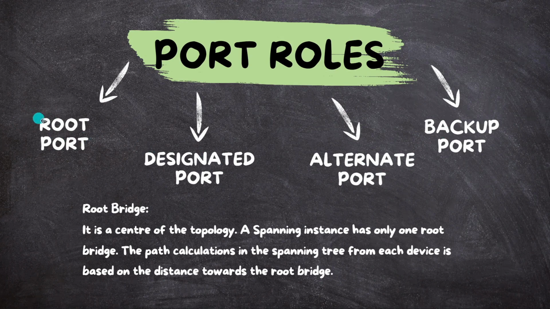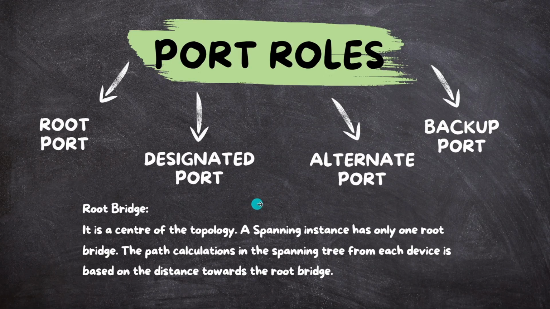Before understanding these port roles, let us understand what a root bridge is. As discussed in the last video, the root bridge is the center of the topology. A spanning tree instance has only one root bridge, and the path calculation in the spanning tree is based on the root bridge.